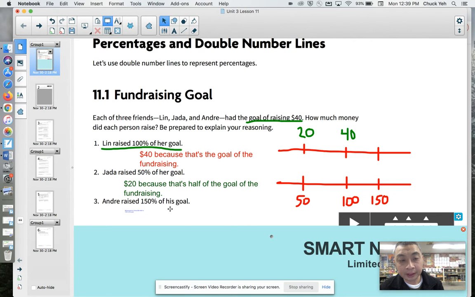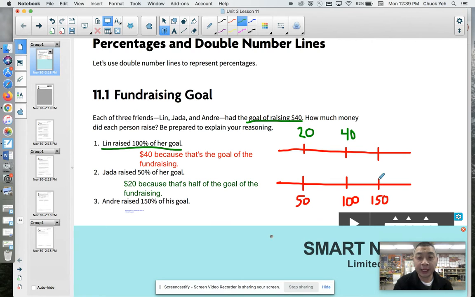All right. Andre raised 150% of his goal. A couple ways we can do this. You notice a pattern going on here? It's going by 20s. So then you can do 40 plus 20. If not, then you can always cross multiply and divide. Cross multiply 40 times 150 and then divide by 100.